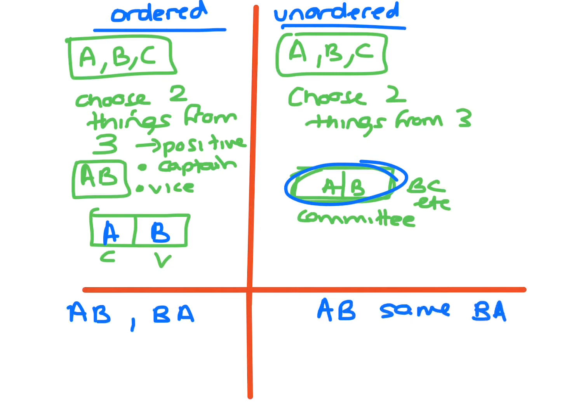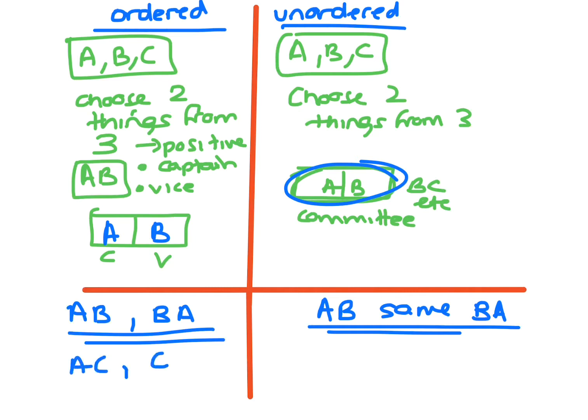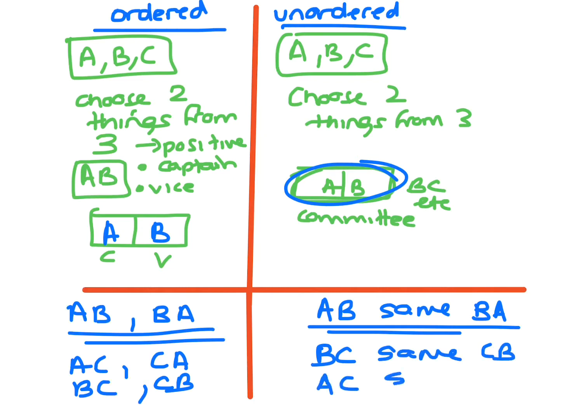The same 2 people would be on the committee anyway, so it's really not going to matter. So AB is the same as BA. AC is the same as CA. AC is different to CA when you're doing ordered, and BC is different to CB when you're doing ordered. When you're doing unordered, AB is the same as BA, BC is the same as CB, and CA or AC is the same as CA.